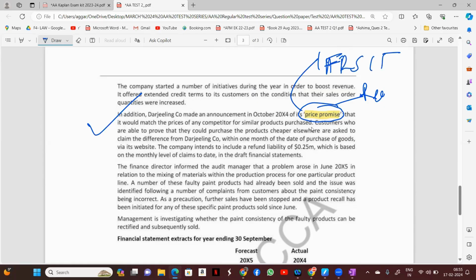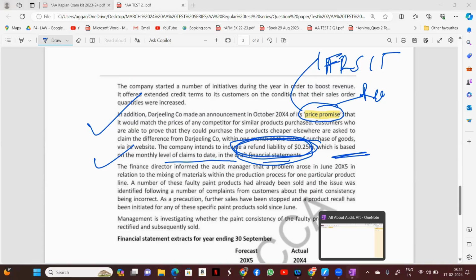Customers who are able to prove that they could purchase the products cheaper elsewhere are asked to claim the difference from the Darjeeling Company within 1 month of the date of the purchase of goods via its website. The company intends to include a refund liability, which is based on the monthly level of claims to date. So here I'm able to get two substantive procedures from the case study. One would be my price promise.